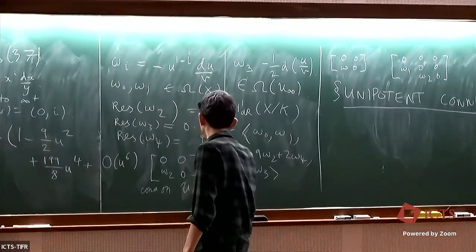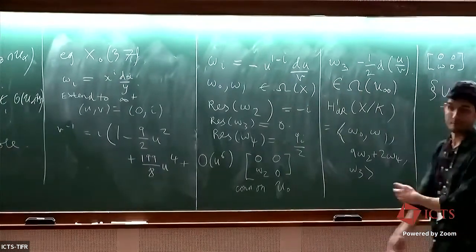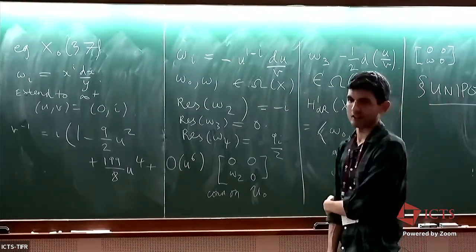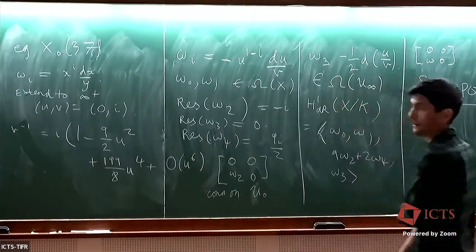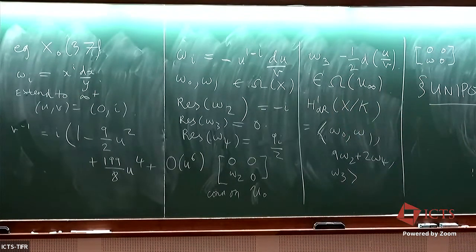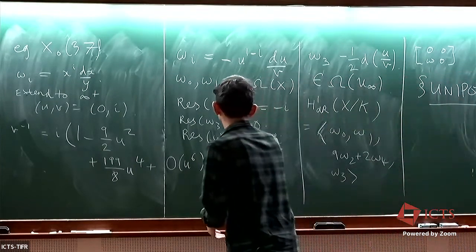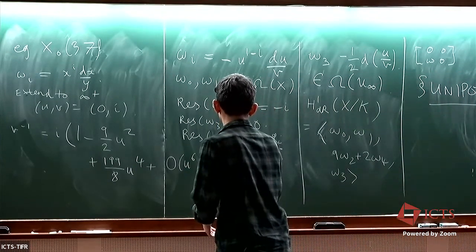And I'm saying that it doesn't extend to the whole of X, or it extends to a connection with logarithmic singularities. Yes, exactly. But if I added 2 over 9 times omega 4, then it would extend.